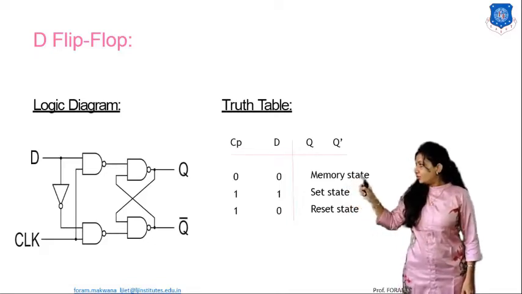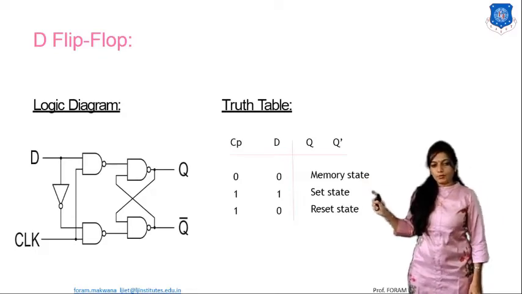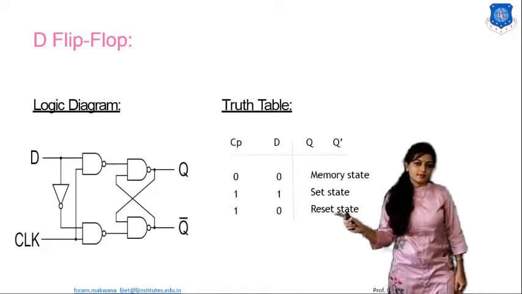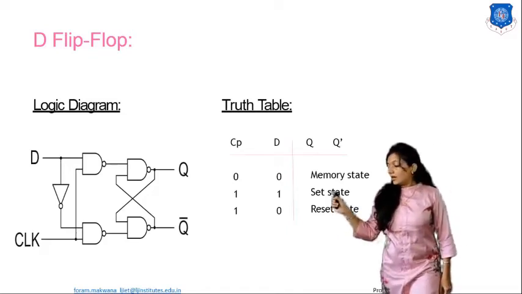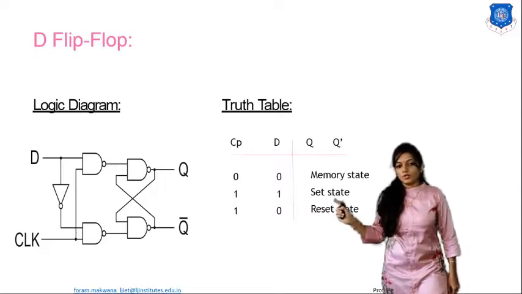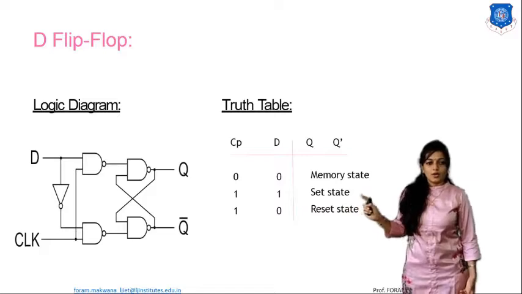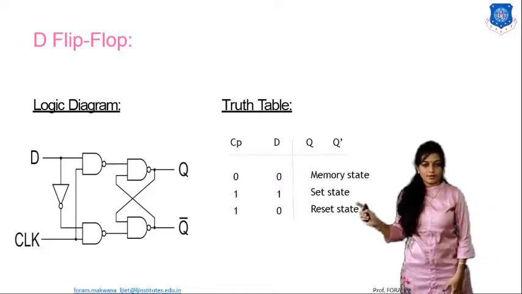So if I am going to convert the RS flip-flop into a D flip-flop, I need only a NOT gate between R and S. Alright? See, R and S are going to be connected with each other by a NAND gate, or I can say a NOT gate, if I am going to use a NAND gate as a NOT gate.